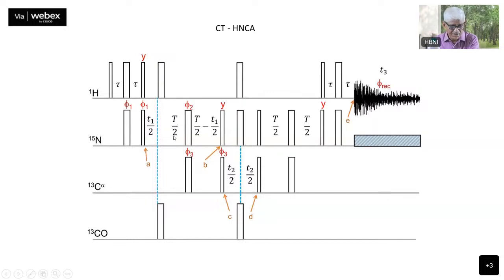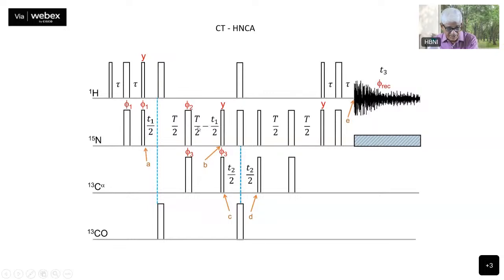And then you have the period capital T by 2. Then you have the 90-degree and 180 pulses on both nitrogen and C alphas. Okay, these broader pulses are the 180 pulses, the narrower ones are the 90-degree pulses. All these broad ones are 180 pulses. They are applied with a certain phase.